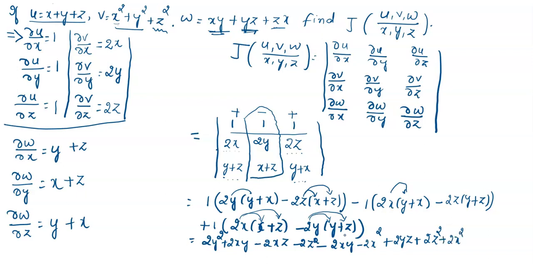So cancel all the respective opposite signs. See the terms which have opposite signs: 2y square and minus 2y square, 2xy and minus 2xy, minus 2xz and plus 2xz, minus 2z square and plus 2z square, minus 2x square and plus 2x square, minus 2yz and plus 2yz.